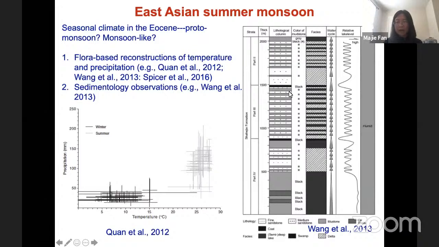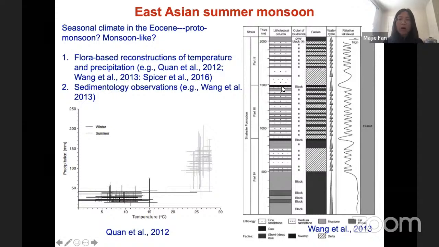And if we think that the migration or progradation of the delta is related to the lake level change, then this cyclicity in the lithology can be related to lake level change and then climate, a precipitation amount within the lake catchment. Okay.